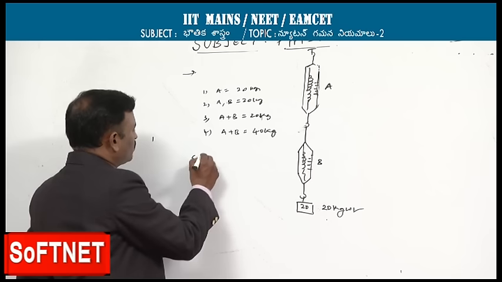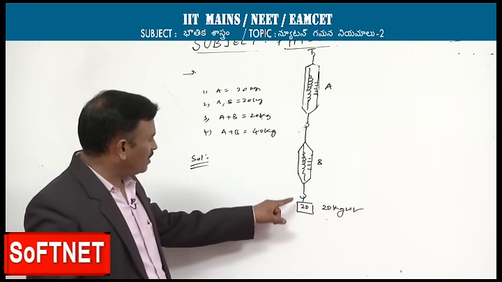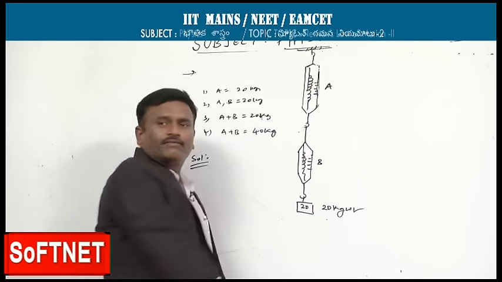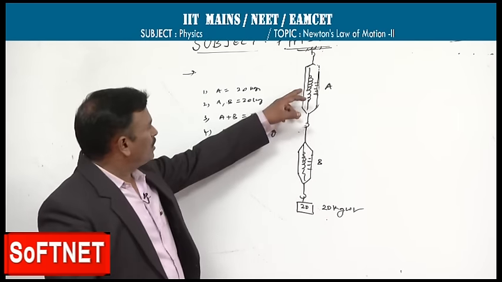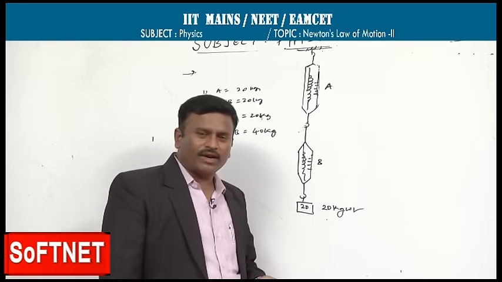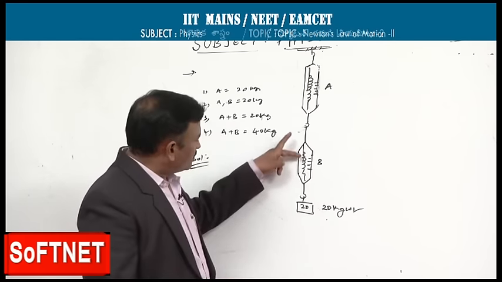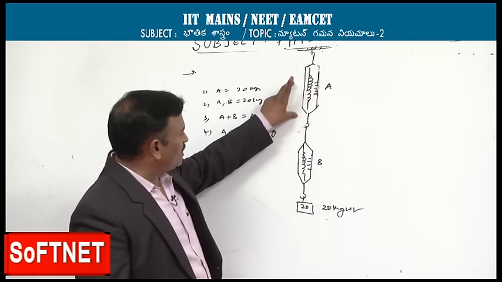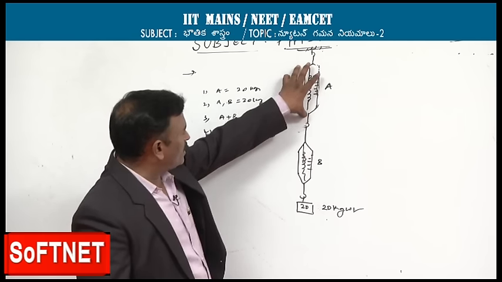Here it is suspended from a rigid support, but the 20 kg weight is attached to the lower end of B. Because of the 20 kg, the reading is only from the spring balance and the weight.